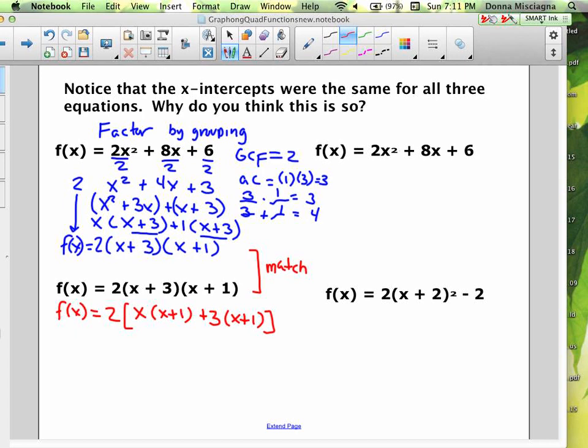All right, so that's going to give us 2 times, well, x times x is x squared. X times 1 is x. 3 times x is 3x. Oops, let me put a plus in there. What happened to my plus? And then 3 times 1 is 3.